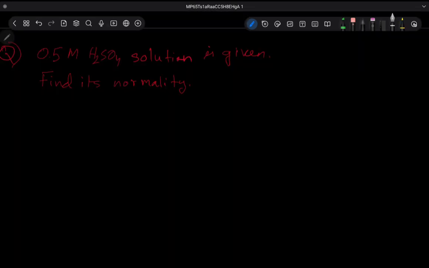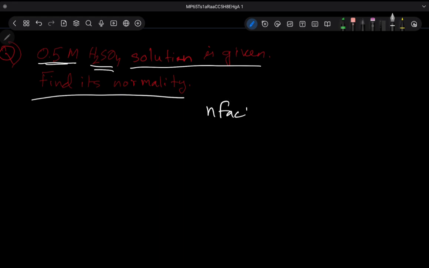Normality: a 0.5 molarity H2SO4 solution is given, find its normality. So, the n factor of H2SO4 will be 2 because of the H plus ions.